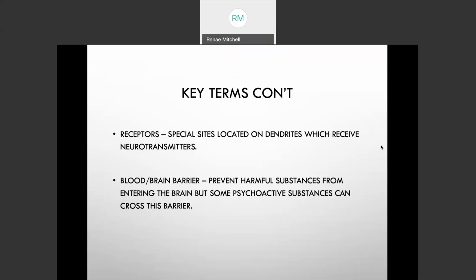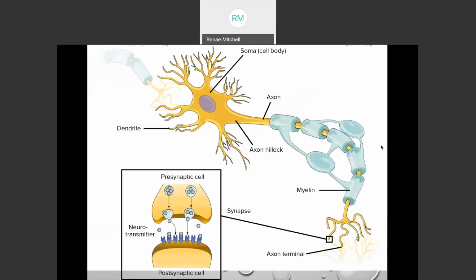So I'm going to flip backwards to our picture here. You can see this process that I just described, where you have the vesicles at the axon terminal that are housing the neurotransmitters, which are these blue dots here, inside the vesicles, inside the axon terminal, here at the bottom of the axon.